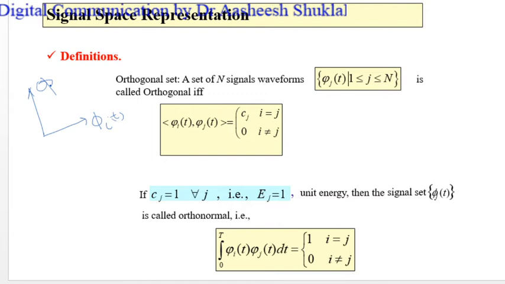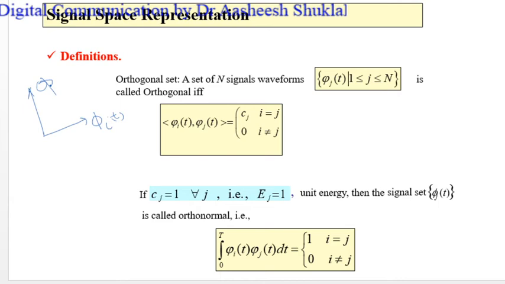Both phi i(t) and phi j(t) are orthogonal to each other. How can we prove it mathematically? We calculate the inner product of phi i(t) and phi j(t), and this inner product should be equal to some value, Cj, when i is equal to j, and it should be equal to 0 when i is not equal to j, right? So this is the condition to check the orthogonality of two vectors.